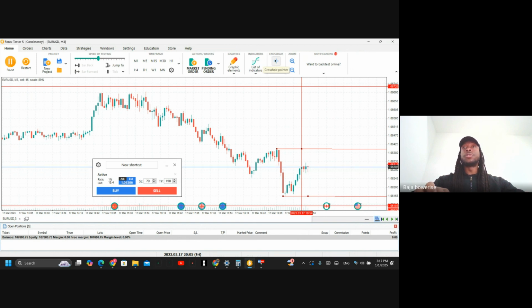Another thing that I'm doing is I'm just making sure that the range is large enough for me to trade. You can see it's about 24, 25 pips, give or take. It's totally fine. So this is my own custom range. It's very important to know when to identify trading ranges.